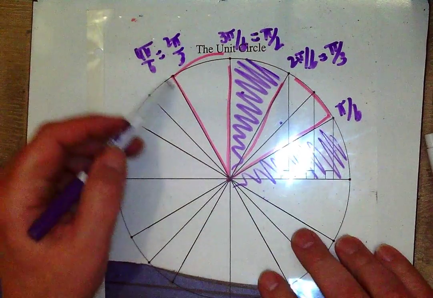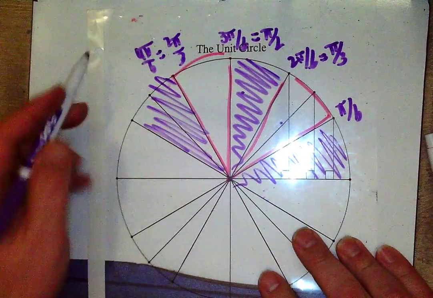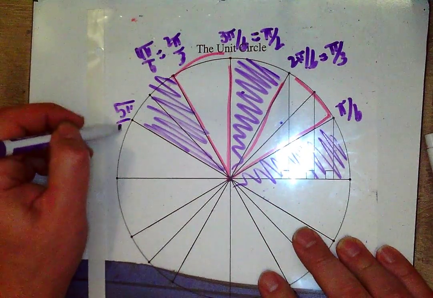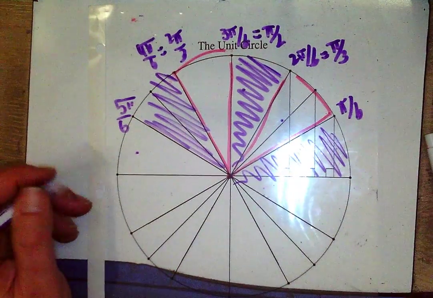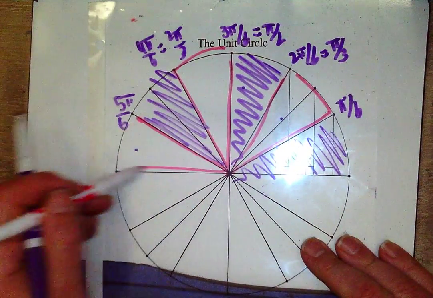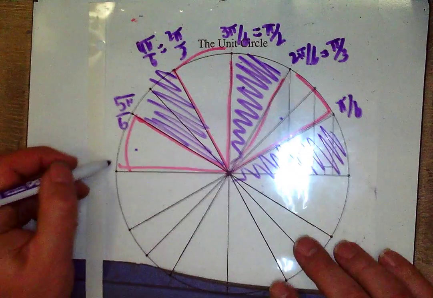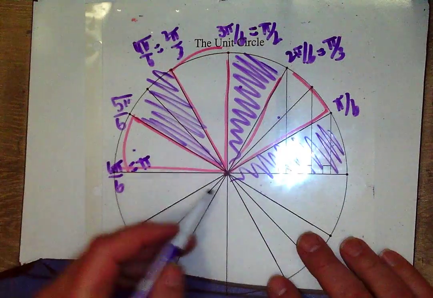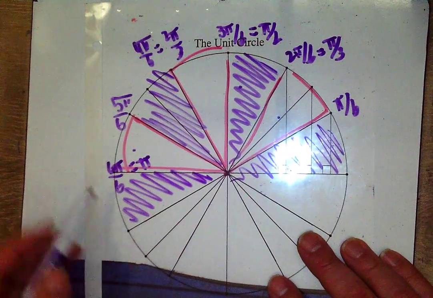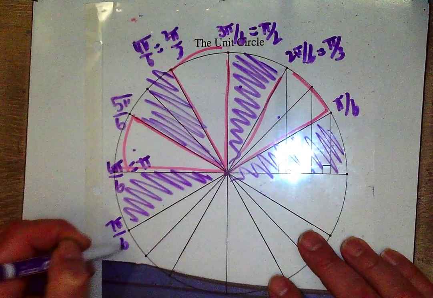And then we see this one. This is going to be 5 pi over 6. And here's another one. So now I'm looking at 6 pi over 6, which is the same as pi. Now I have a 7th one down here. 7 pi over 6.